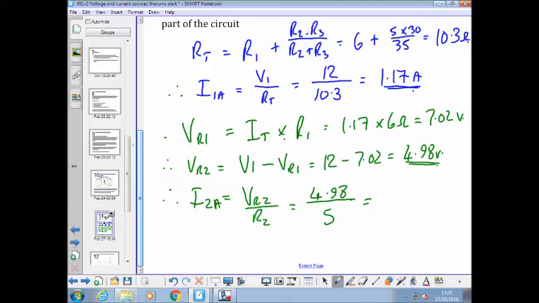What have we got? 0.996. So I2A is 0.996 amps.